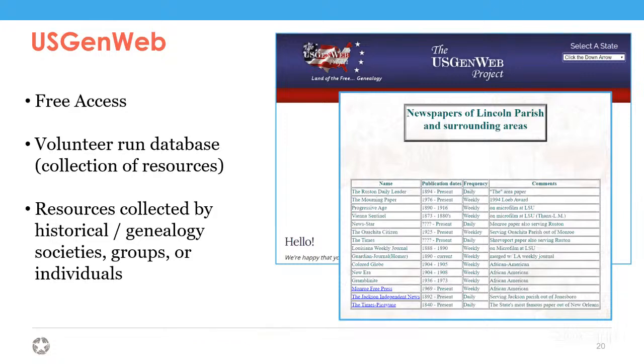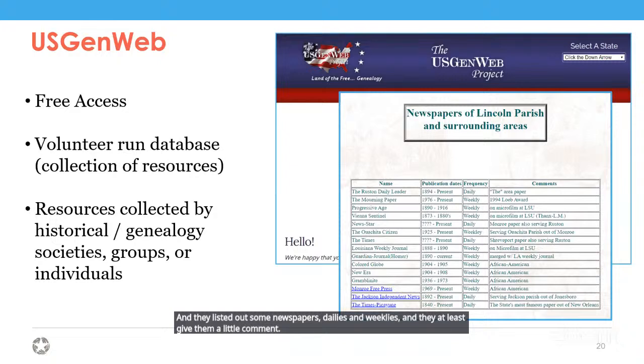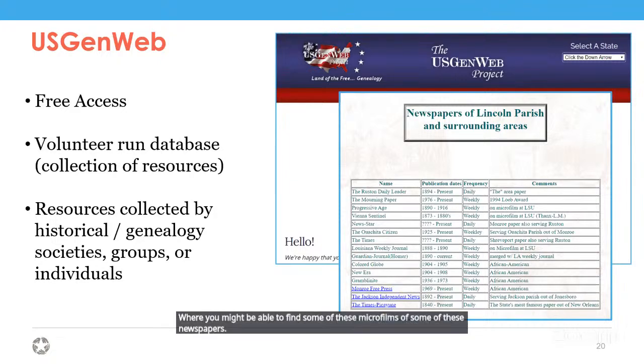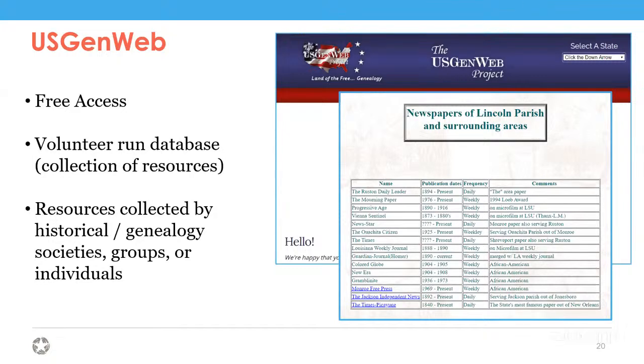Just as an example, for Lincoln Parish in Louisiana, they actually did a list of Lincoln Parish and surrounding areas, and they listed out some newspapers, dailies and weeklies, and they at least give them a little comment. So you might be able to find some of these microfilms of some of these newspapers. And it was a lot of interesting things.